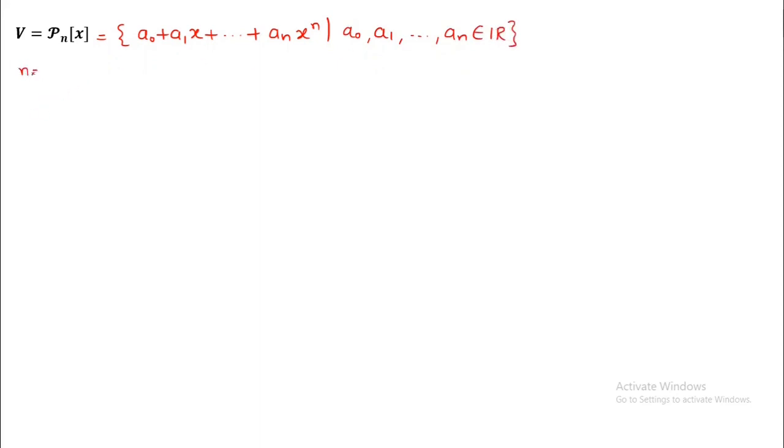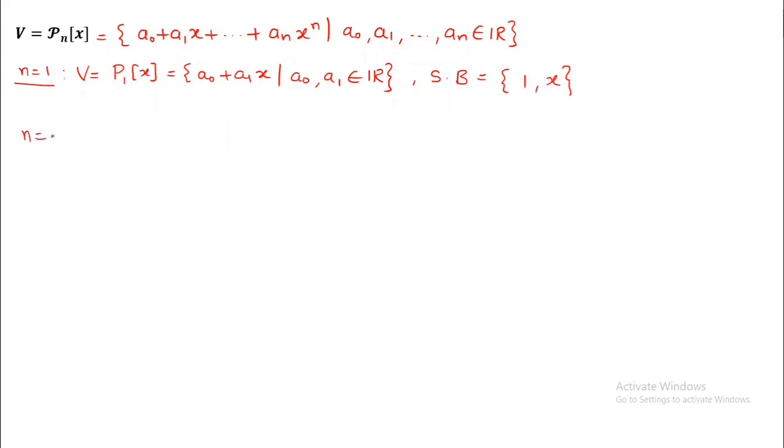Again, for n is equal to 1, our vector space will be p1 of x, which will be equal to what? a0 plus a1x, such that a0, a1 belong to R. In this case, our standard basis is 1 comma x.